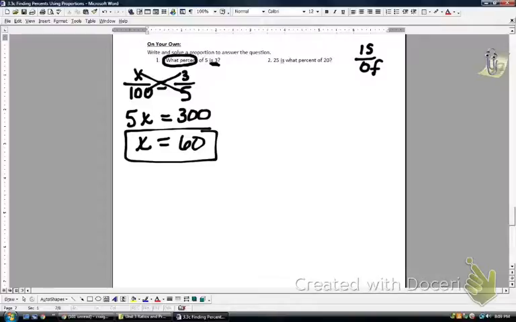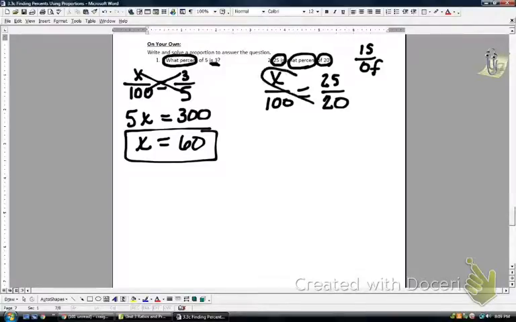Alright, then the next one, again, what percent? I don't know what the percent is, so it's going to be x over 100. Then I do is over of. Cross the equal sign and multiply.